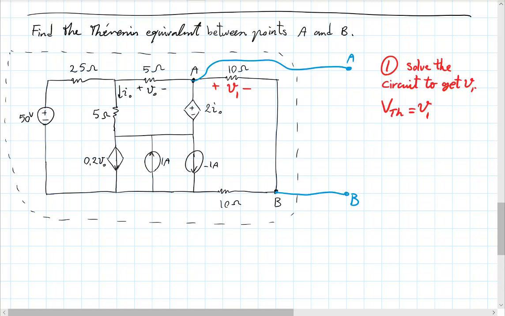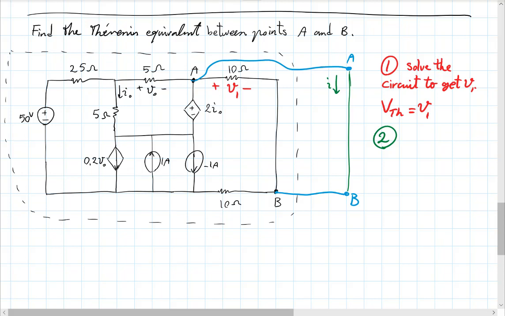For step two, you need something additional, and that's why I'm using a different color. Instead of redrawing the circuit, for step two, I need to add a wire here, right? And I need to measure or calculate this current. Doesn't matter if I draw it up there or down here. That's that current.